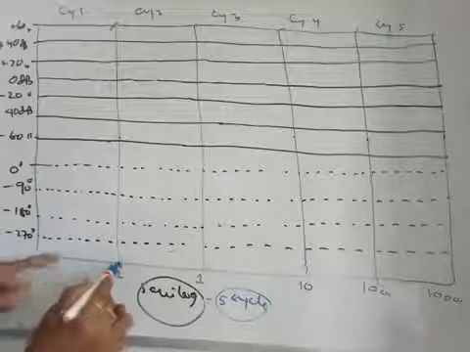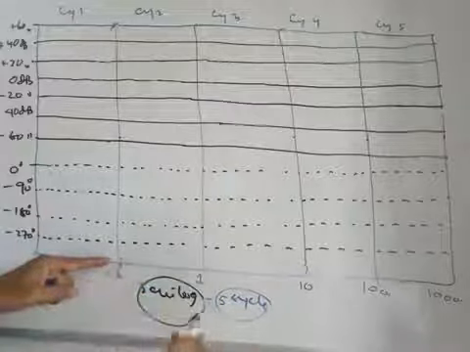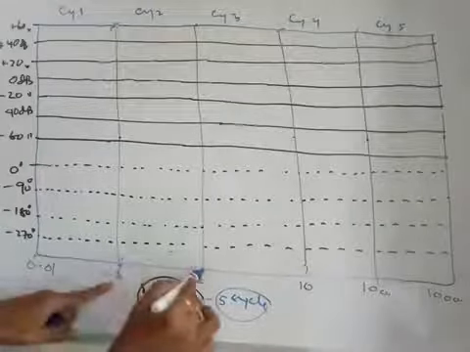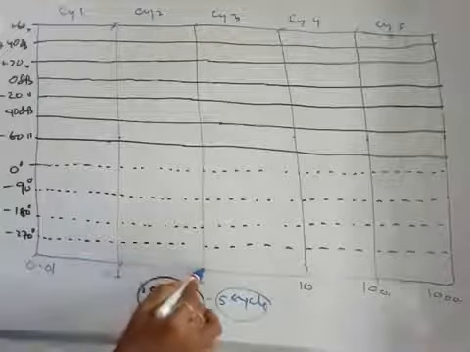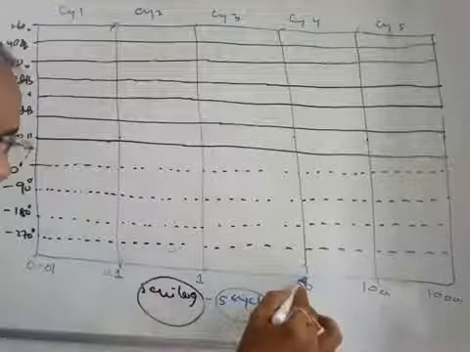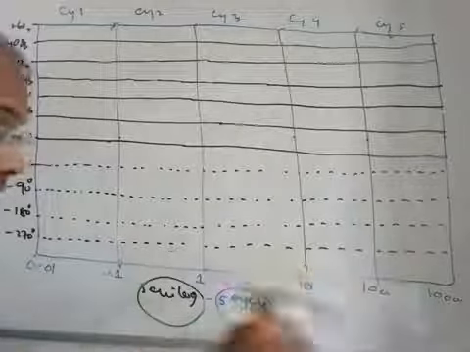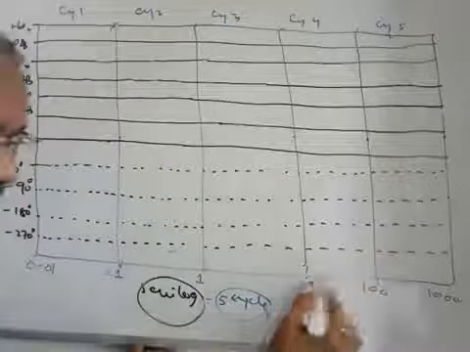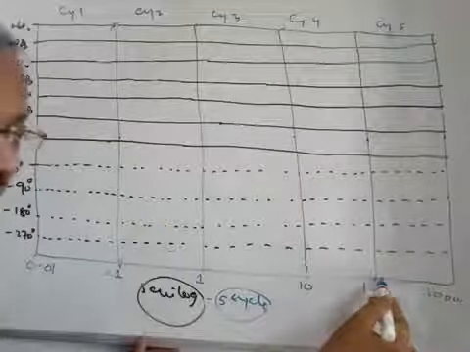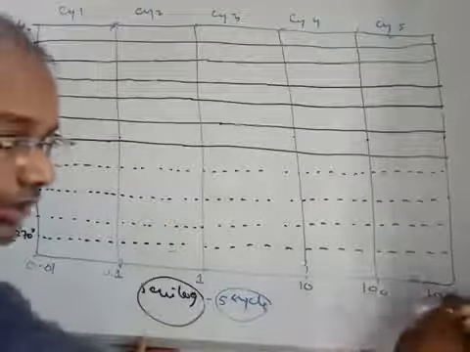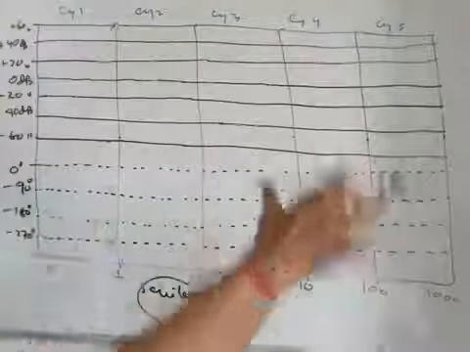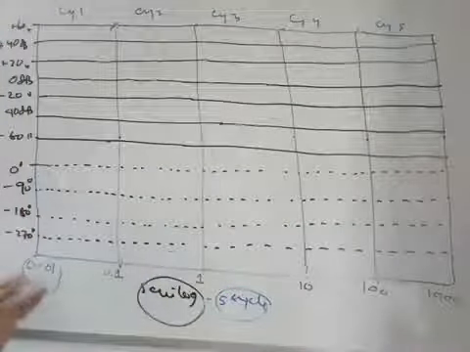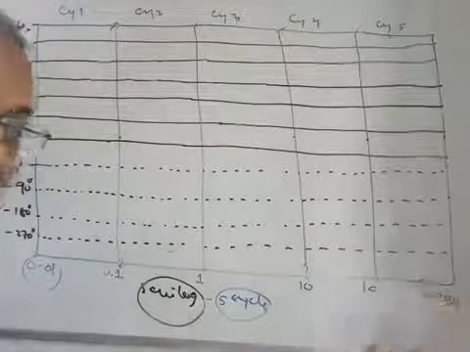The next value will be 10 times the previous one: 10 into 0.1 means 1. If this is 1, then this is 10. See, the values are getting 10 times each time. So the next value will be 100, and then 1000. In this graph we have covered the frequency range from, say for example, 0.01 to 1000, in a 5 cycle graph.